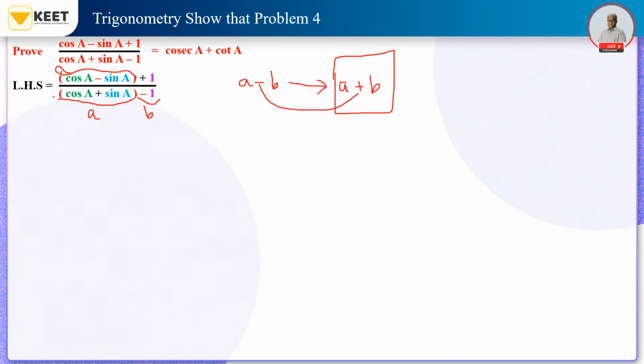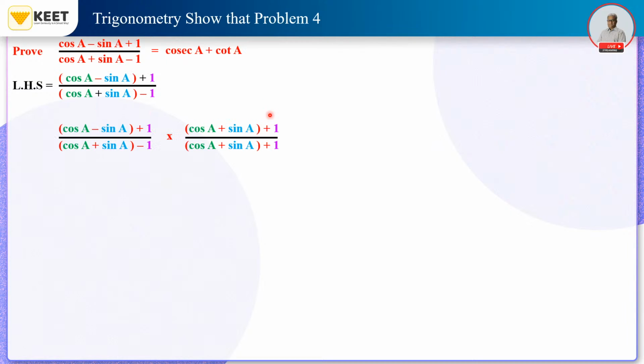So what will happen here? This complete denominator, this bracket cos A plus sin A plus 1, the conjugate binomial will be complete denominator with a plus sign here. Now this conjugate binomial is taken and the numerator and the denominator is multiplied. So now this screen will be like this. This is your denominator.